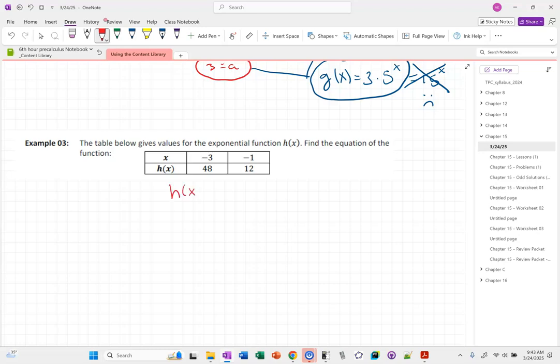So again, what we're looking for is to write a function h of x equals a times b to the x, right? Notice that neither of my x coordinates is 0. So when I plug in, say, the first point, I'd say 48 equals a times b to the negative 3, right?